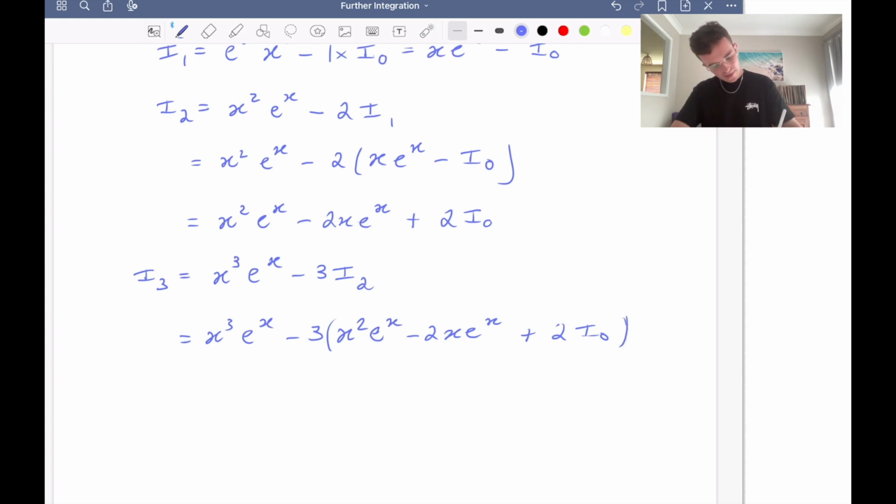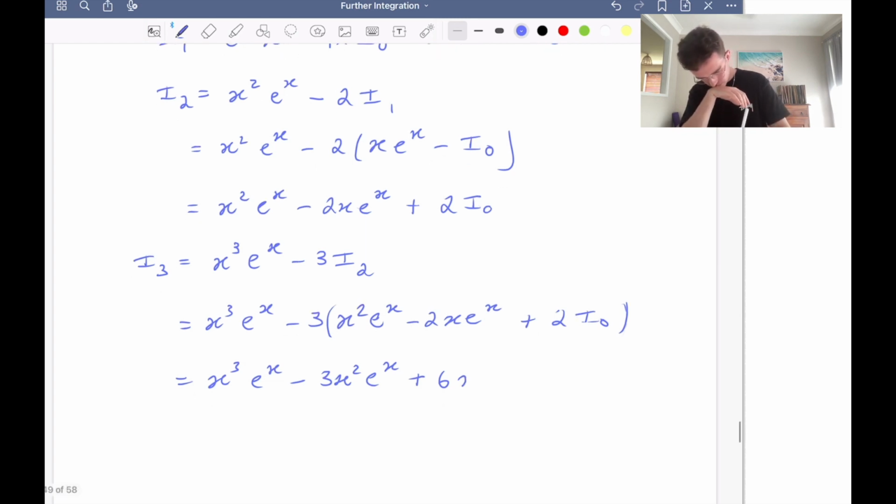So if we expand that, we're going to get x cubed e to the x minus 3x squared e to the x plus 6x e to the x minus 2 times 3 is 6, so minus 6 lots of I0.